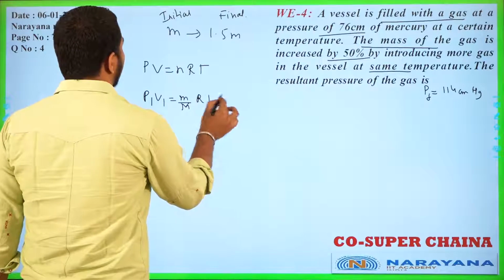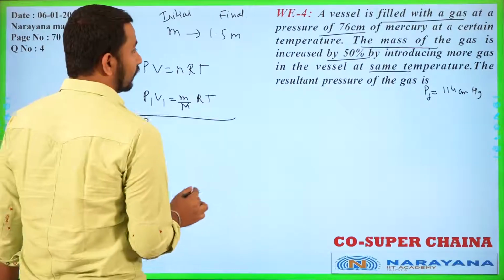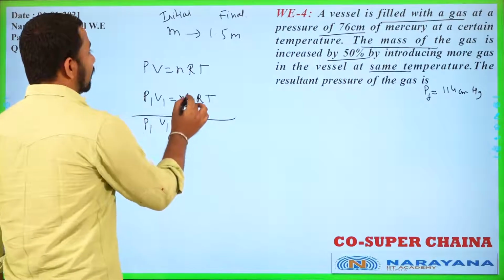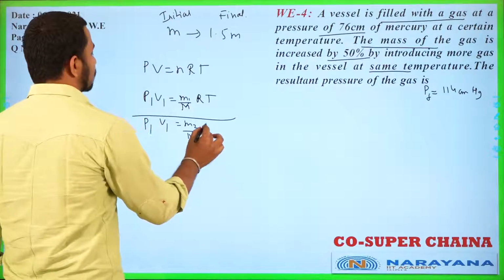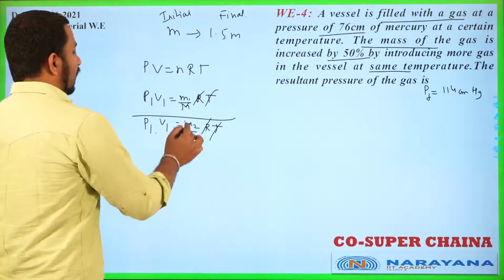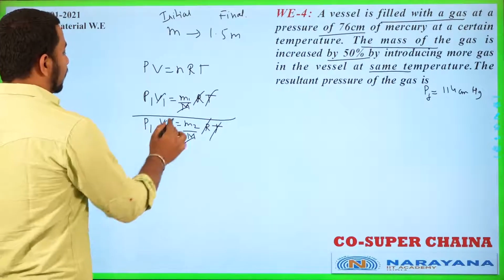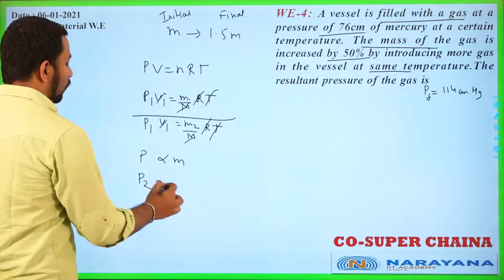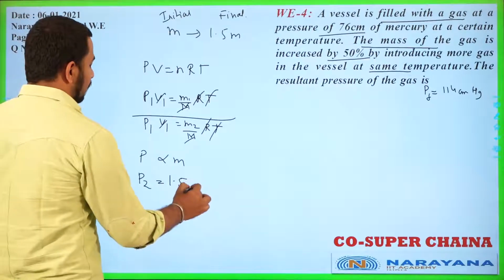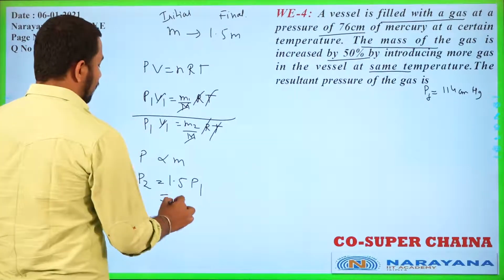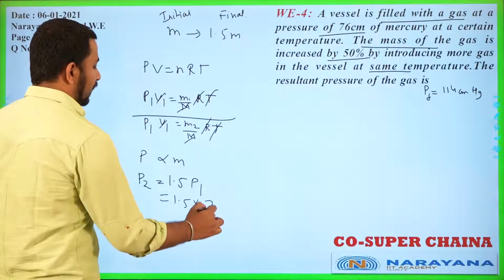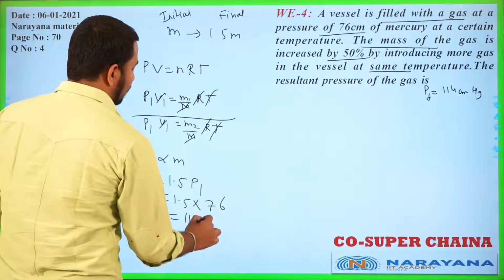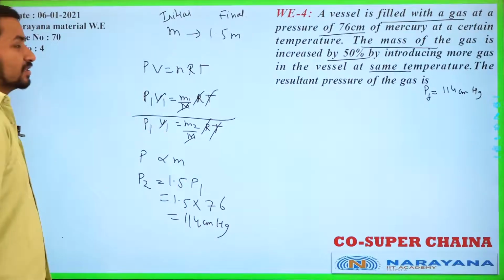Since the same gas is used, the volume is the same, M1 and M2 will change, the molecular mass is also the same, and the temperature is the same. So those cancel, and we get P is directly proportional to M. So it means that P2 will be 1.5 times the P1 value, and P1 is given as 76 centimeter of Hg, so it will be 1.5 times 76, which is 114 centimeter Hg, and that will be the answer of this question.